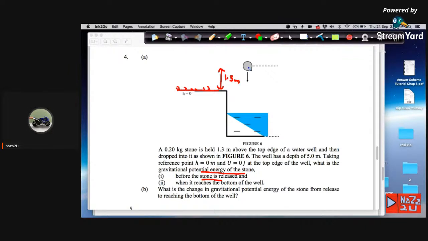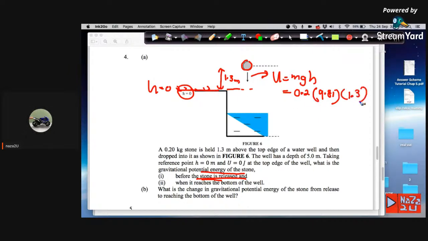So before the stone release is the position, initial position. So meaning here we have the reference point of the ground surface here is H is equal to 0. So maksudnya kat sini, kalau kita nak kira dia punya gravitational potential, here is U is equal to mgh. So kita nak kira gravitational potential before stone release pada kedudukan sini. So mass dia 0.2, and G is 9.81, and dia punya ketinggian ni adalah 1.3 meter.